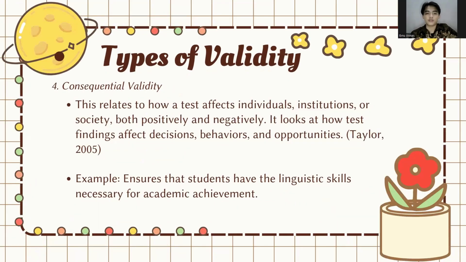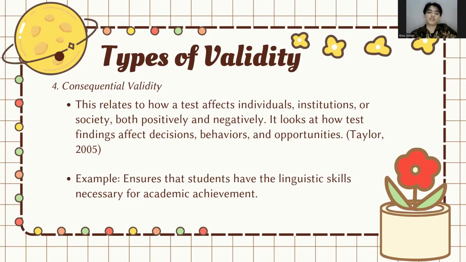Now, before the last one, we have consequential validity. This is the shortest explanation about the types of validity. This relates to how a test affects individuals, institutions, or society, both positively and negatively.